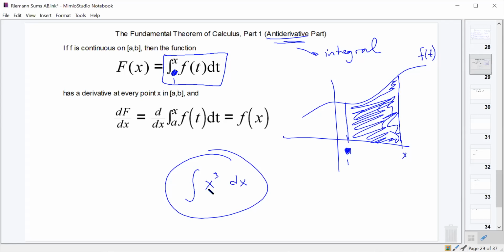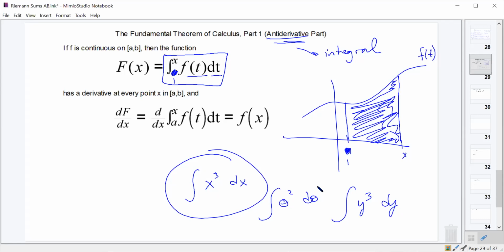And do all integrals have a dx to them? If the function inside of here is in terms of x, yes, they have a dx to it. This one's in terms of t, so it has a dt. You know, you could have an integral of y cubed, it'd have a dy attached to it. If you had an integral of theta squared, it'll have a d theta attached to it.